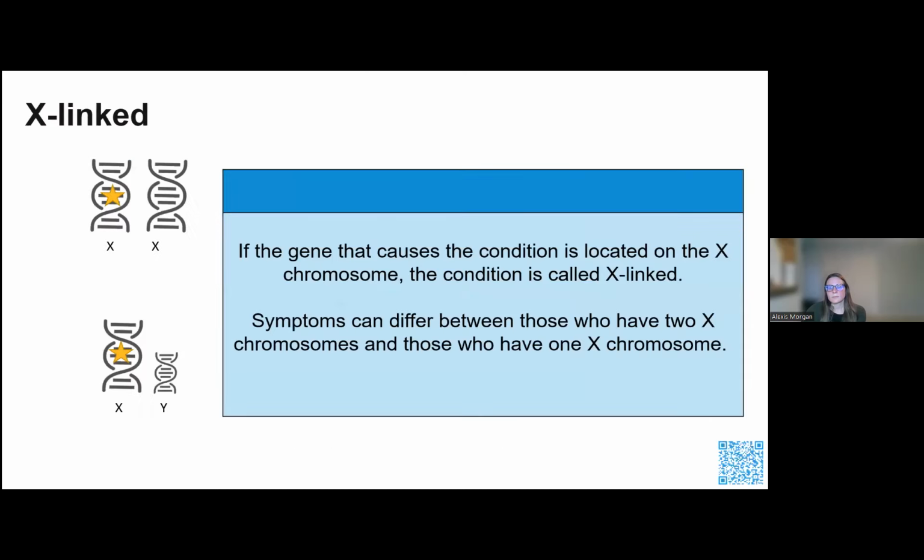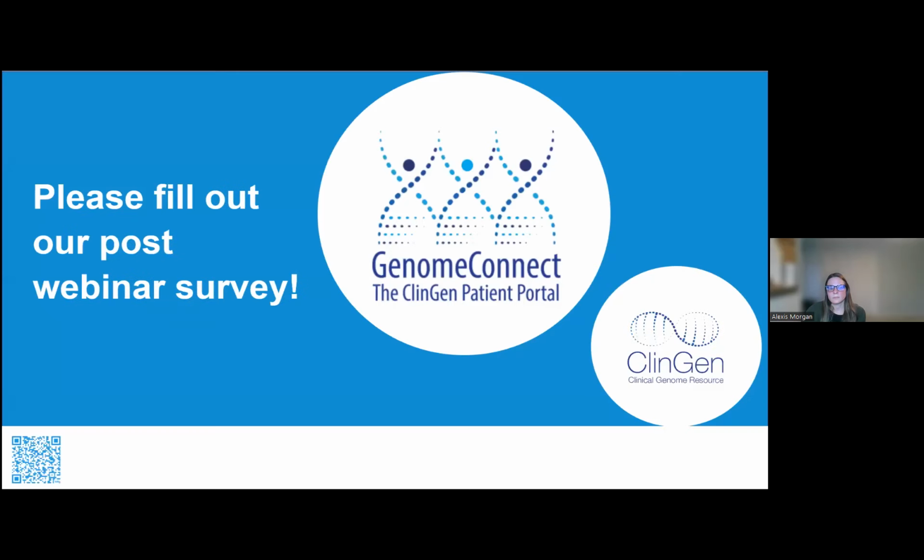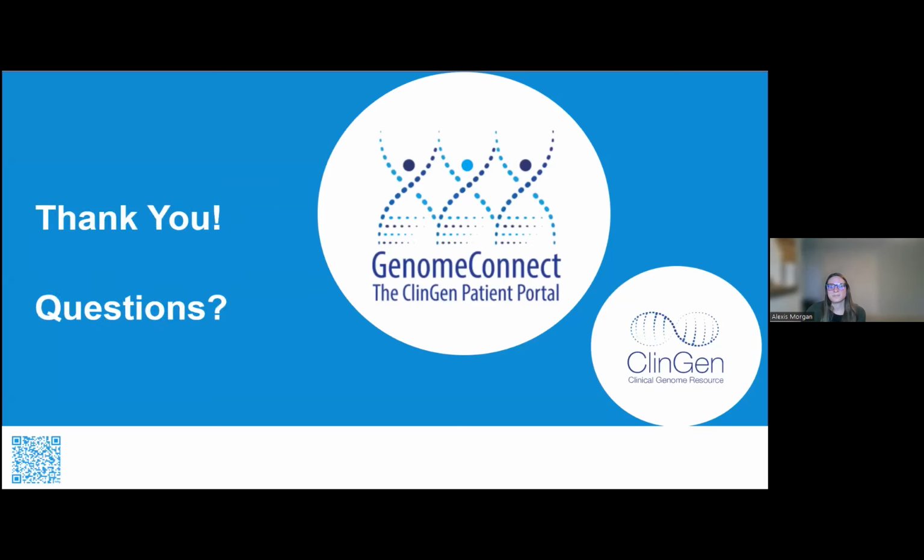And another question we received is, why aren't VUSs disclosed in carrier screening in autosomal recessive diseases? I'm sorry, I don't have a good answer for you for this one. Sometimes this is laboratory dependent. Sometimes this is based on a lab's preference if they are going to disclose VUSs or not. More often, we disclose VUSs in what we would call diagnostic testing.